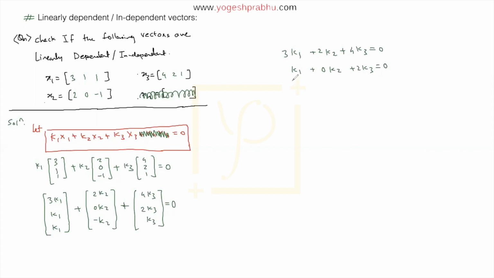And the last equation is k1 minus k2 plus k3 equal to 0. This is a system of linear equations, and these are homogeneous as well.